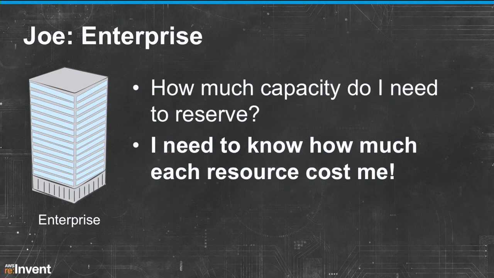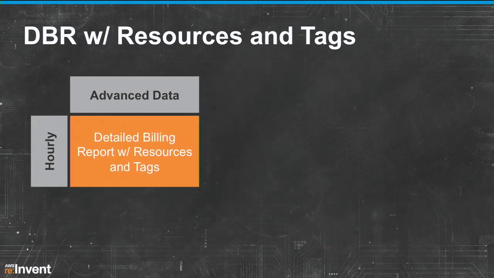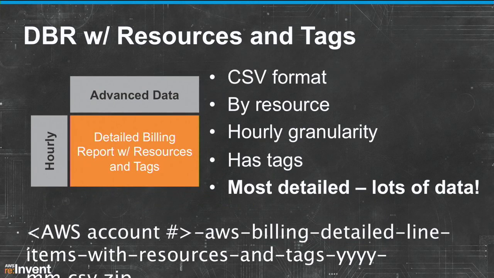And the most interesting question for us to respond to is how much each resource costs. And that's where the most detailed report that we produce today, the detailed billing report with resources and tags, can help. It's the same CSV format.